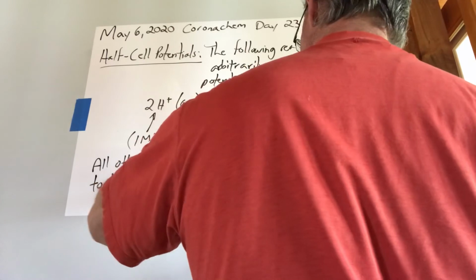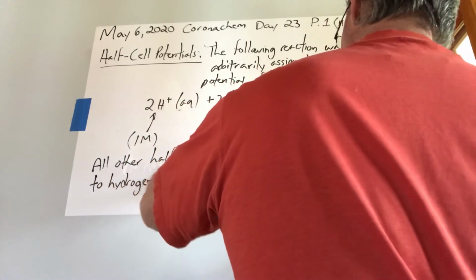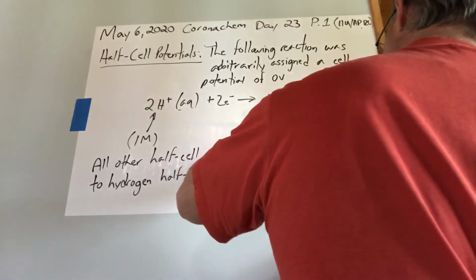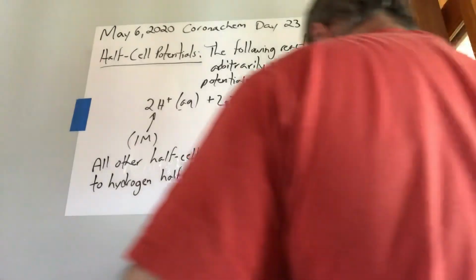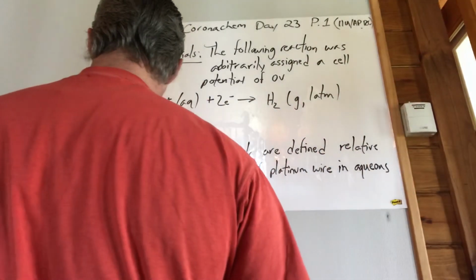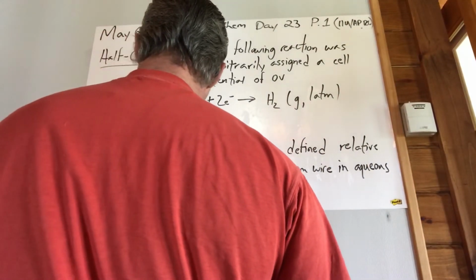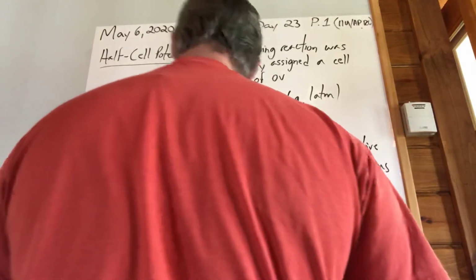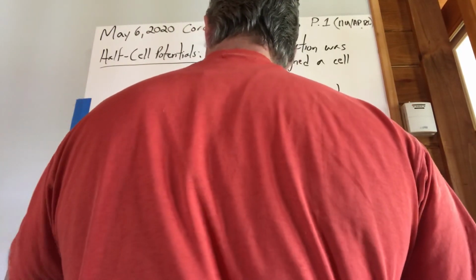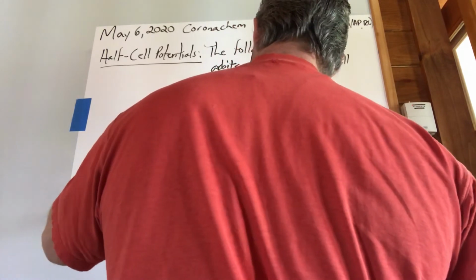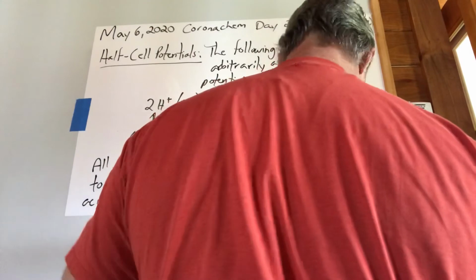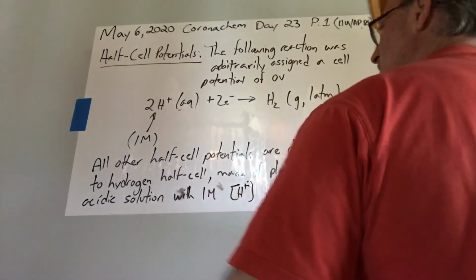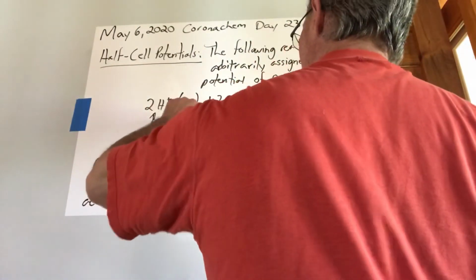Made of platinum wire in aqueous solution with 1 molar H plus concentration. And that's called the standard hydrogen electrode.